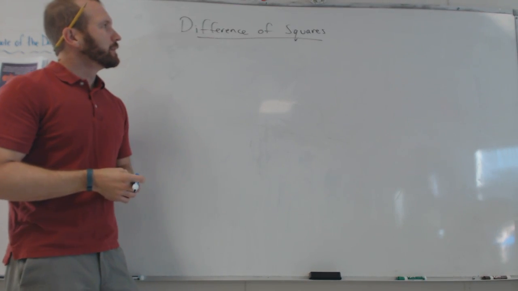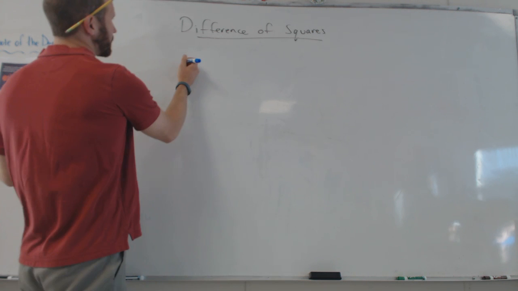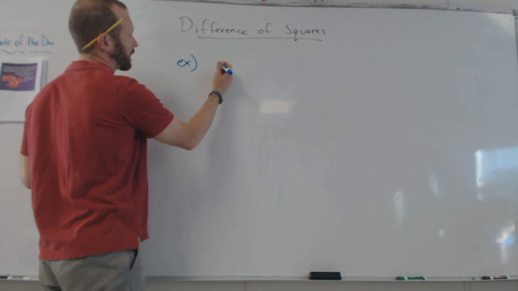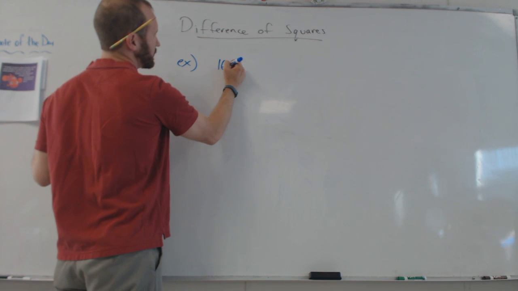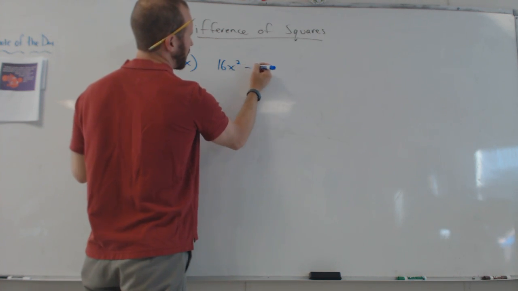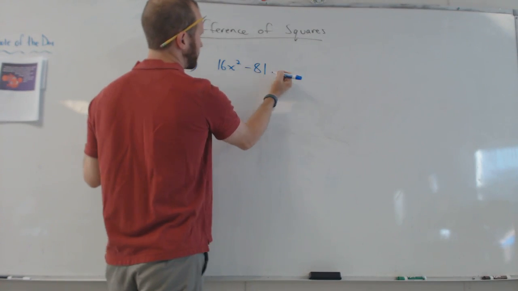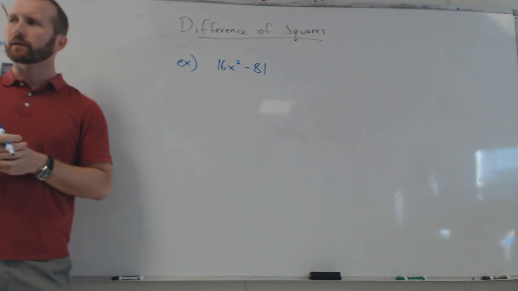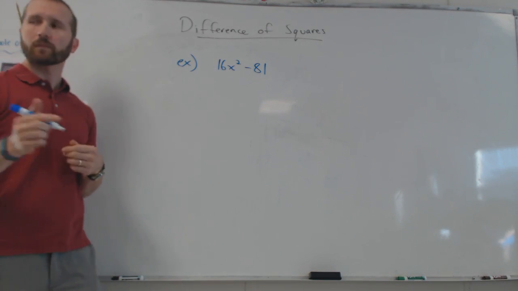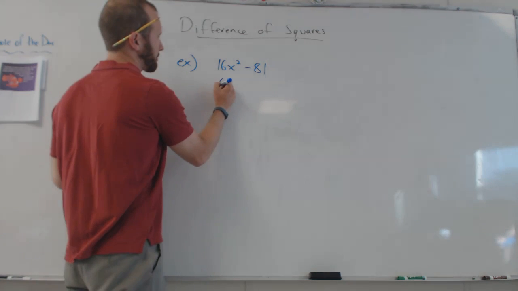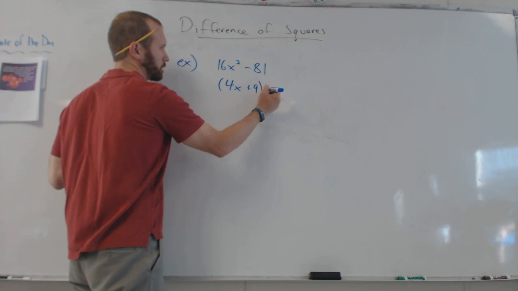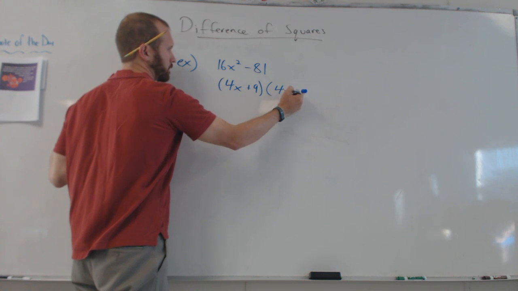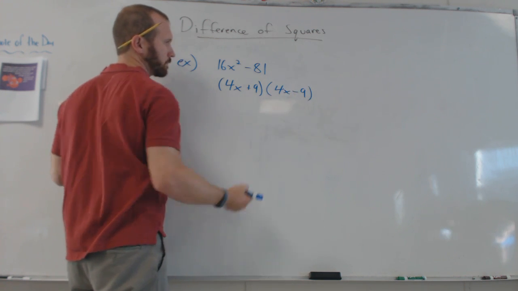So let's just do a couple examples just to make sure we're getting this. What if I had 16x squared minus 81? How could you factor that? It's going to be 4x plus 9, and then 4x minus 9.